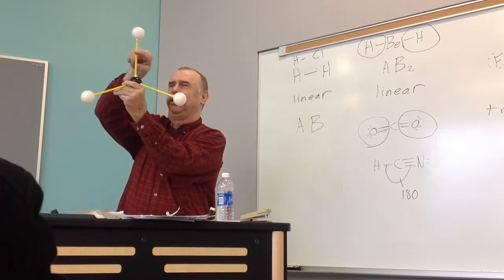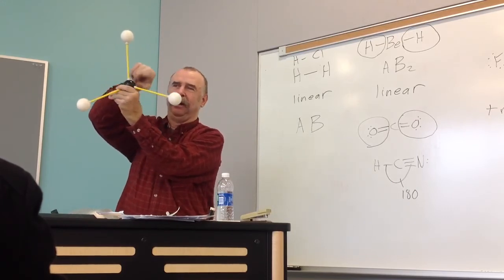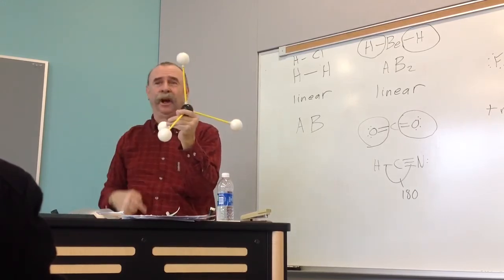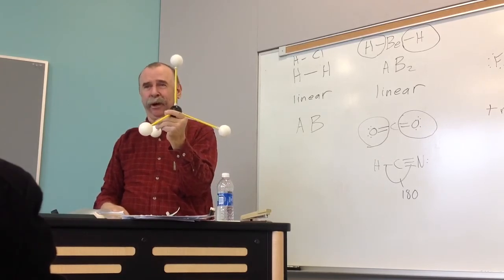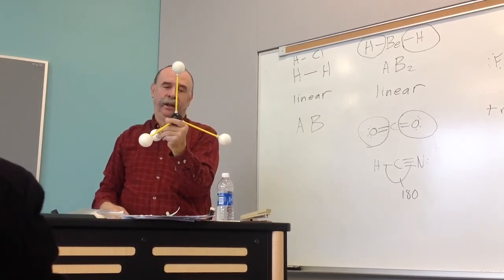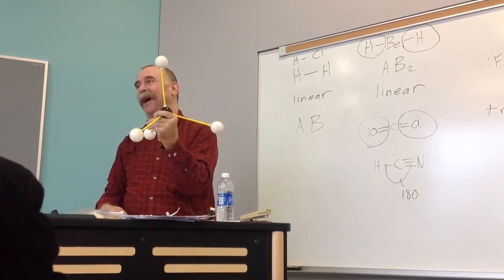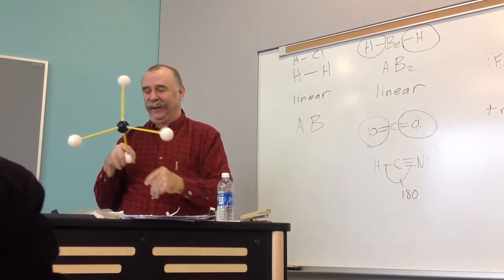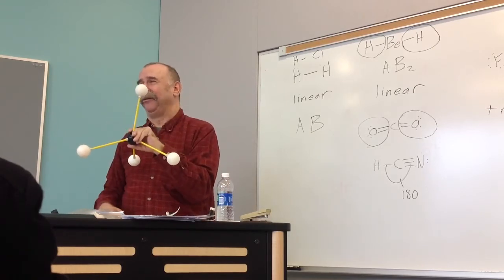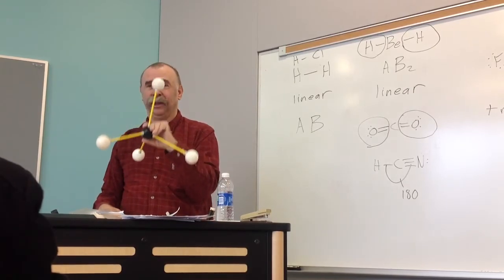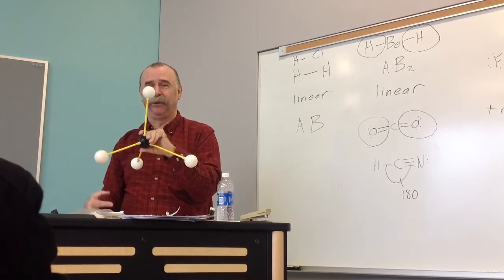Does that angle look like more than 90 across there? It's not quite 120. It's about 109.5 degrees, about, not exactly. So is that more than 90 degrees? Yeah. Okay, so this is actually going to be the correct shape for an AB4.